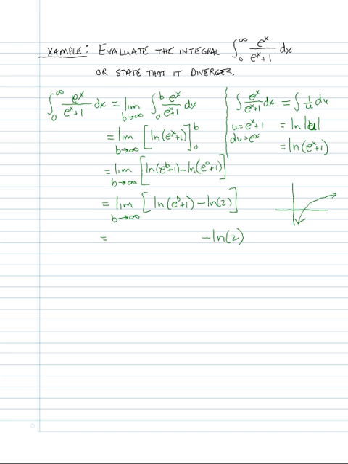So e to the b, since b is positive, e to the b is a value that's getting larger and larger. And of course, plus 1 is getting larger and larger. And so as b gets larger and larger, e to the b plus 1 does. And as e to the b plus 1 gets larger and larger, then the natural log gets larger and larger. In other words, the limit of natural log of e to the b plus 1 is infinity.